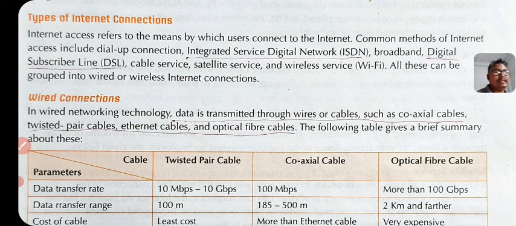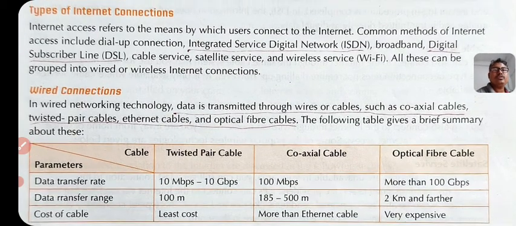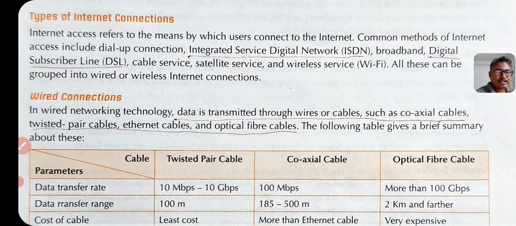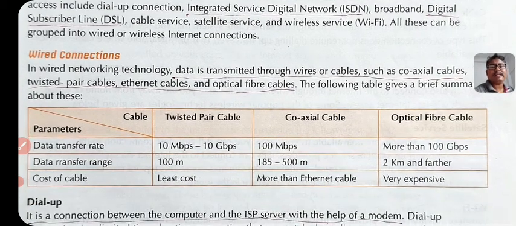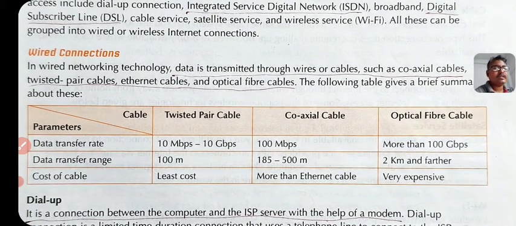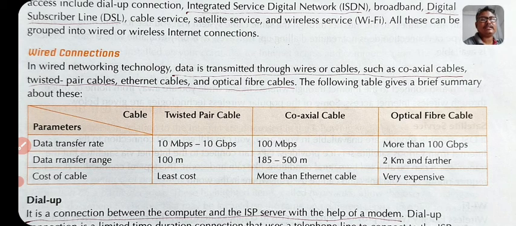All these can be grouped into wired or wireless internet connections. So you can get an internet connection with wires, or without wires, that means wireless. First of all, let us know about wired connections.